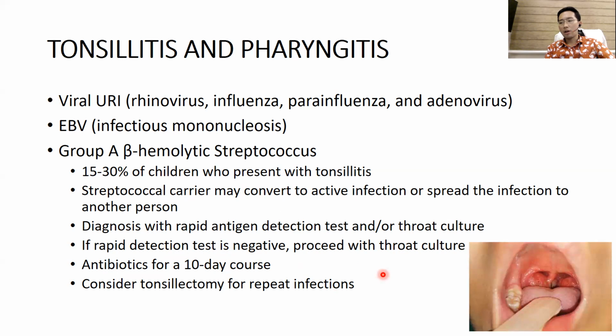We have the Paradise criteria for the indications of removal of tonsils: 7 episodes of tonsillar infection in 1 year, 5 episodes in 2 consecutive years, and 3 episodes every year for 3 consecutive years.